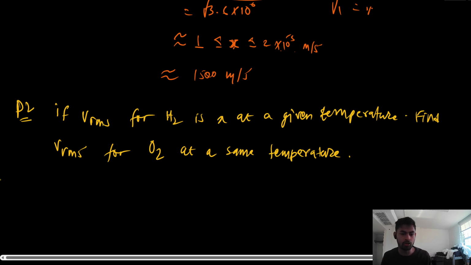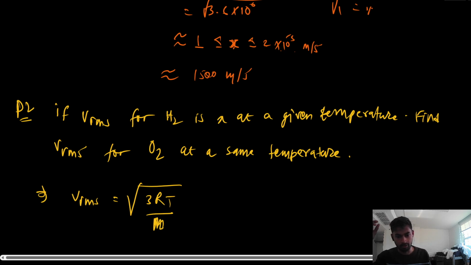So the equation we are supposed to use in this problem is root of 3RT by M, right? But before solving the problem, I would love to give you an intuition of how we are supposed to think for these kinds of problems.